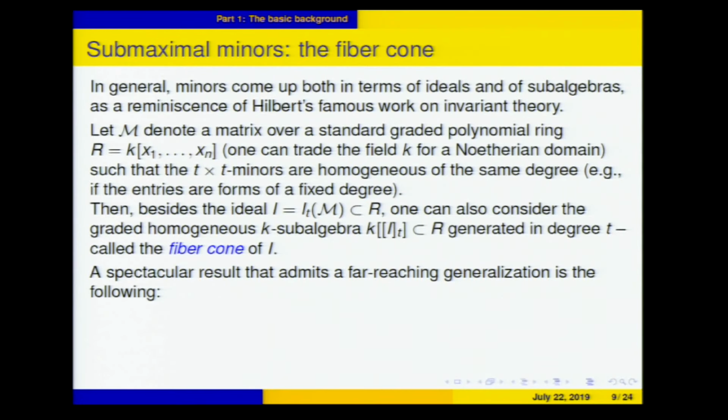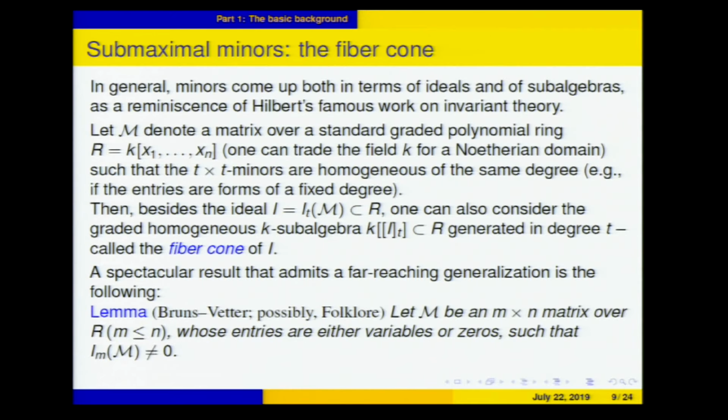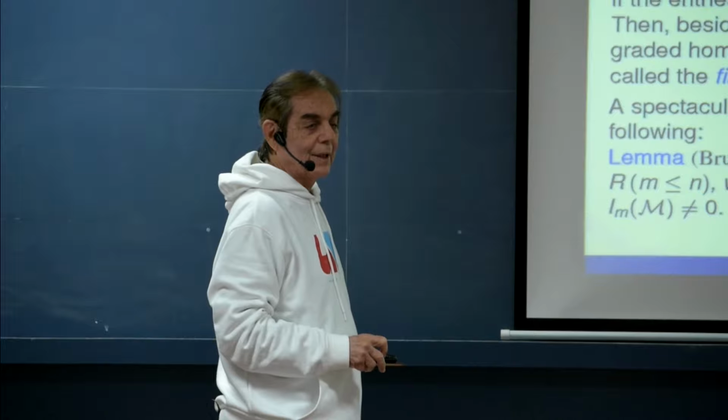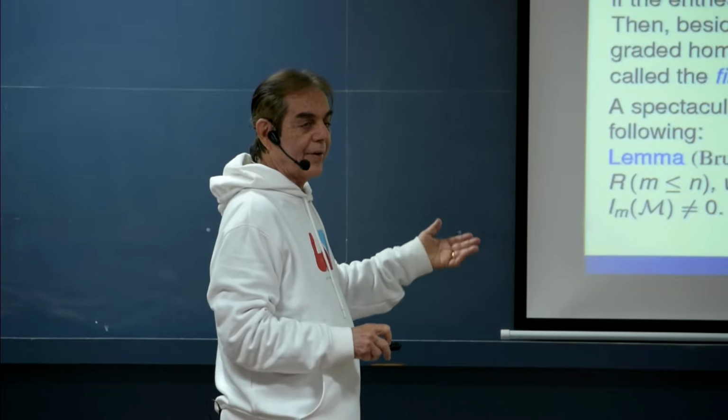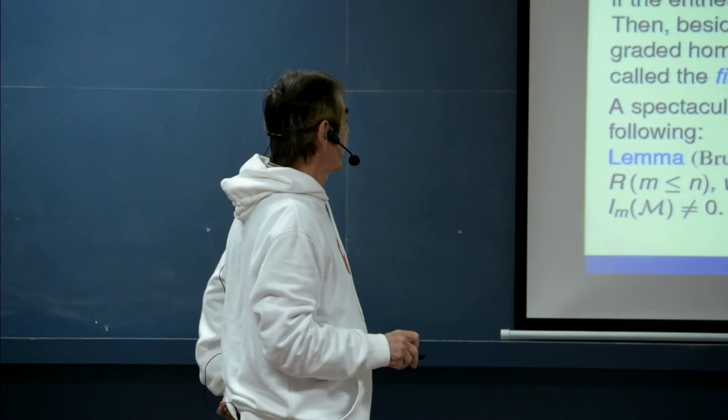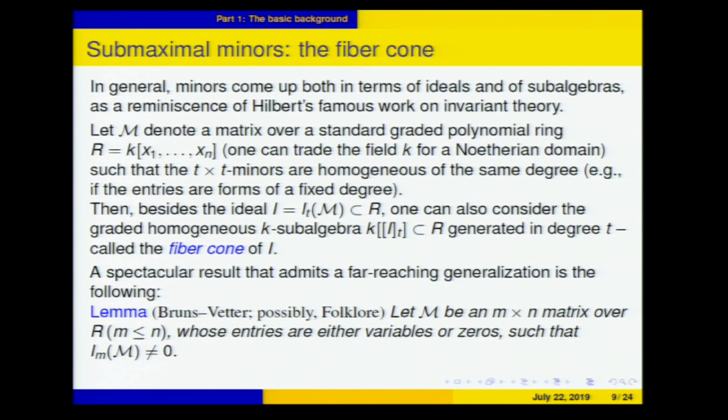So here is a result that's very useful, and the proof is very simple. I call it Bruns-Vetter or possibly folklore. I don't know. It's proven in the book by Bruns and Vetter. The proof there is in the generic case, but you can see that it applies in other cases as well. If you have any m by n matrix whose entries are either variables or zeros, this is what I'm interested in, but it can be more general, such that you have a non-zero maximal determinant.